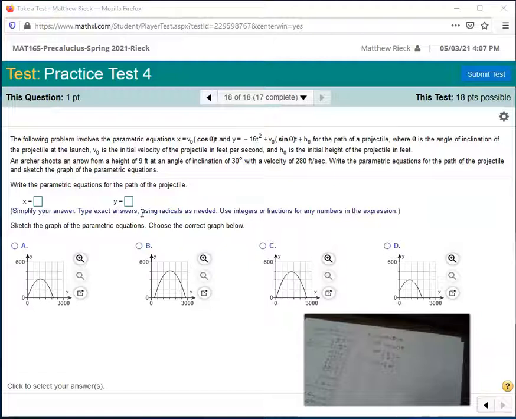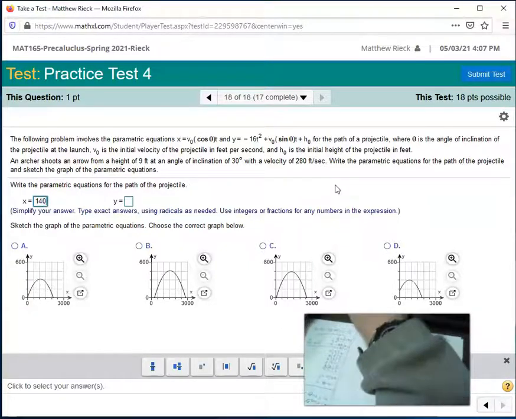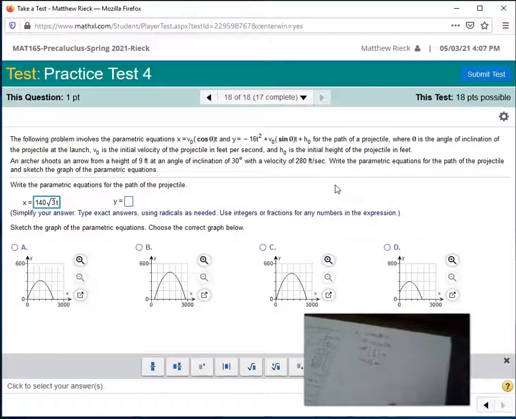And let's type an exact answer using radicals as needed. So we have 140 square root of 3 times t. If you use a decimal approximation, I will go ahead and count that. I don't really care too much about the form you use there, but I am going to stick with the form that they asked for in this practice. But again, if you use a decimal approximation, that's fine. I'll take that into account there.